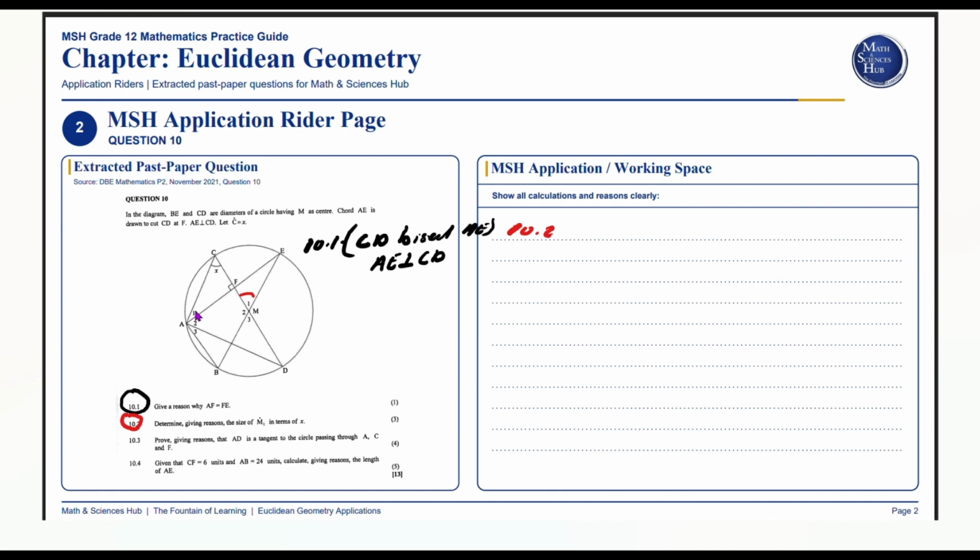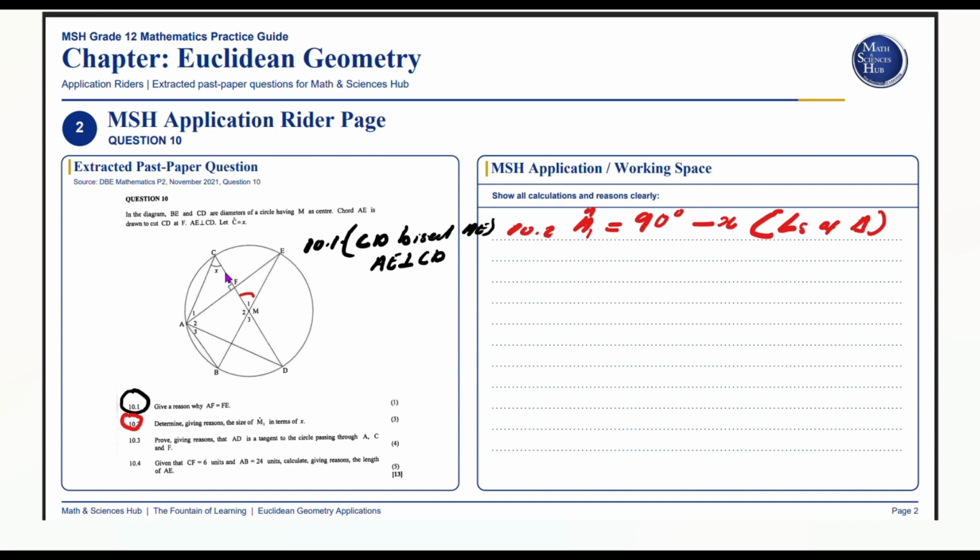And angle A1 can be related to X. So our starting point is angle A1 equals 90 degrees minus X. And the reason is angles of a triangle.